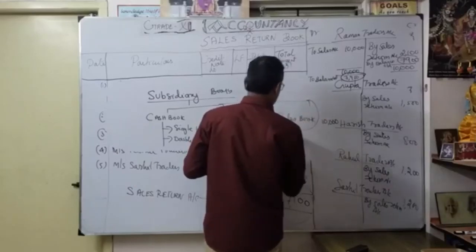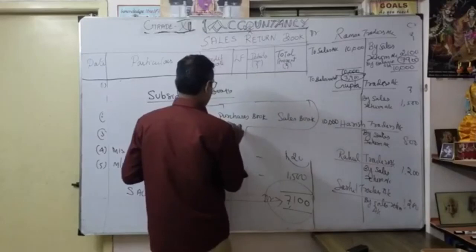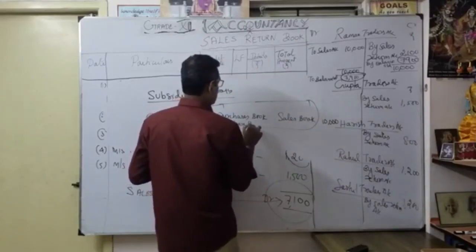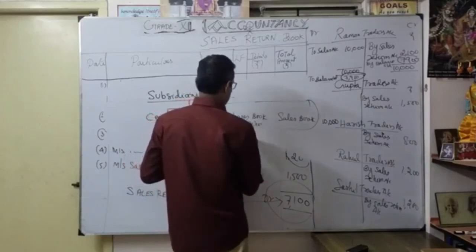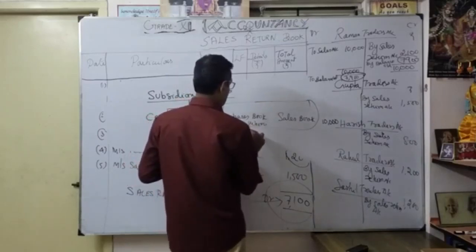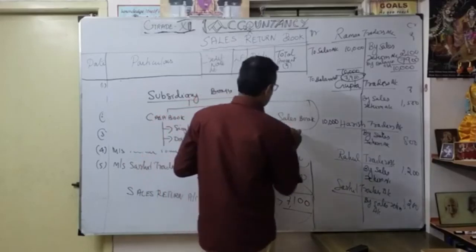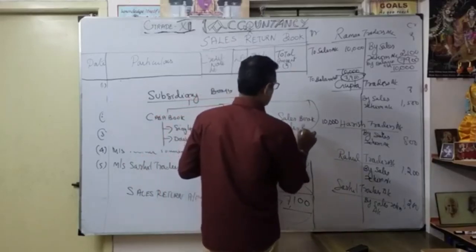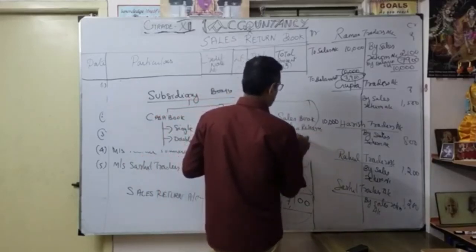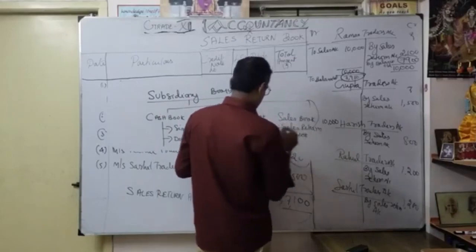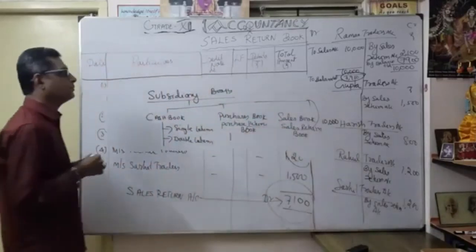Then the purchase return book for easy understanding, and the sales return book. So these are the different types of subsidiary books.